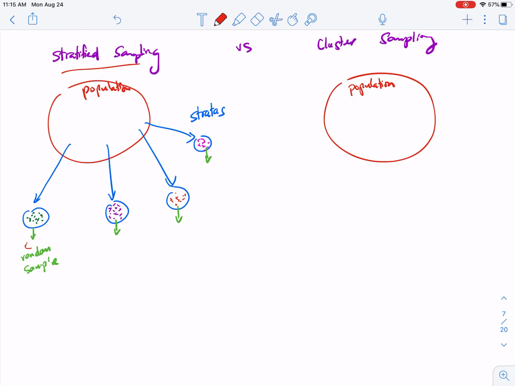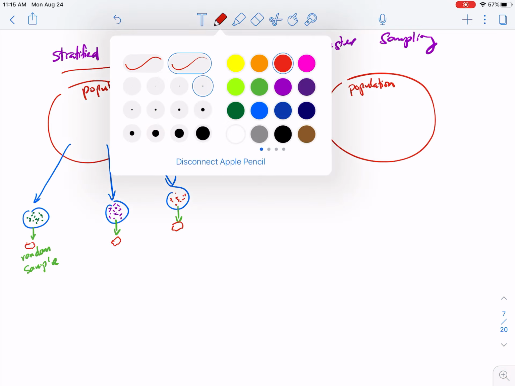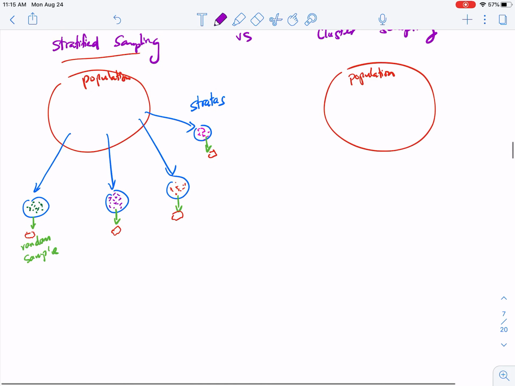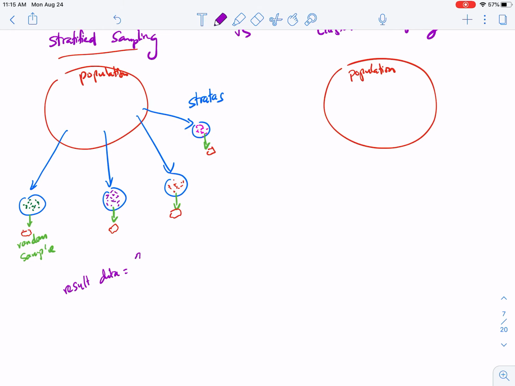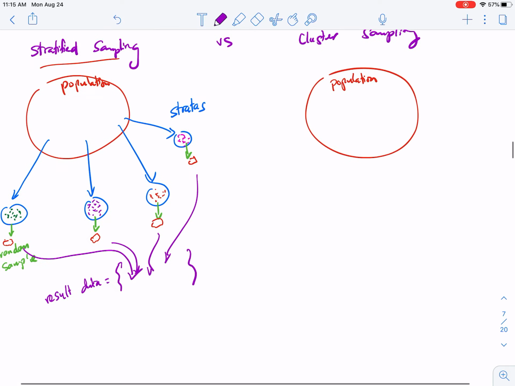Then the subjects that are part of the study will be these guys here, so the resulting data is all these guys here. Okay, so that's stratified sampling.